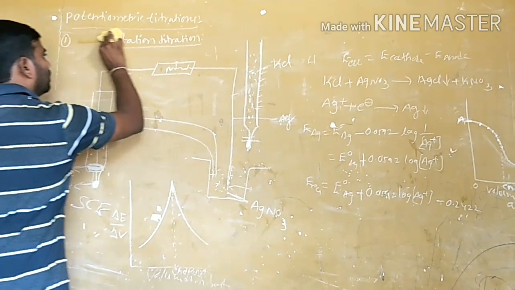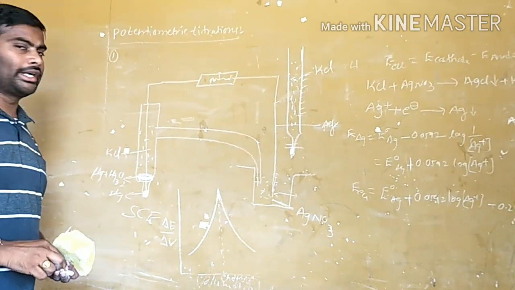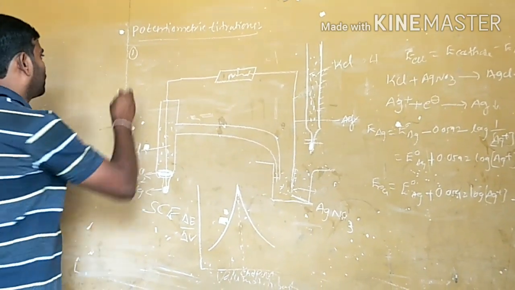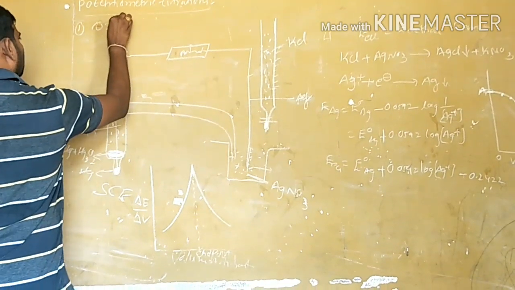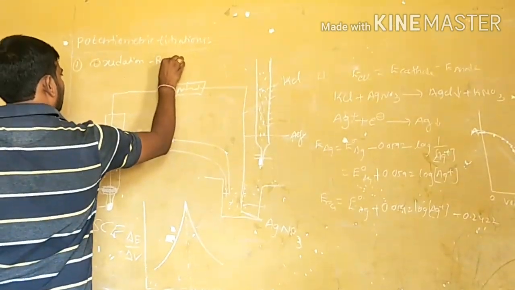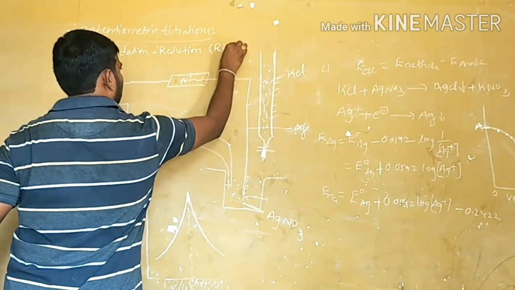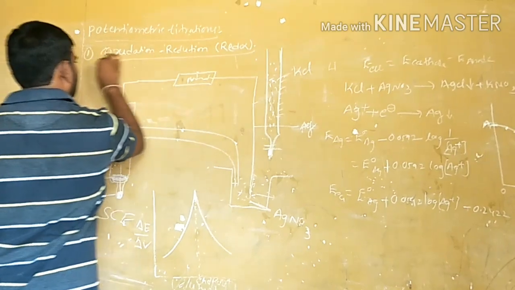Next, the third type of potentiometric titration is oxidation reduction, nothing but redox titration.